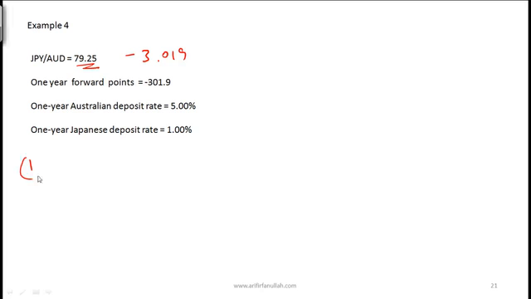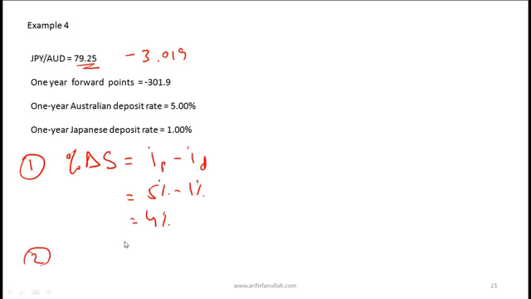So for question number 1, recall that the basic formula for uncovered exchange rate parity is the following. The percentage change in spot rate is equal to the interest rate in the foreign currency minus the interest rate in the domestic currency. In this particular case, we have 5% minus 1%, which is equal to 4%.